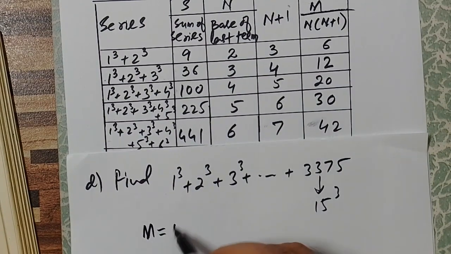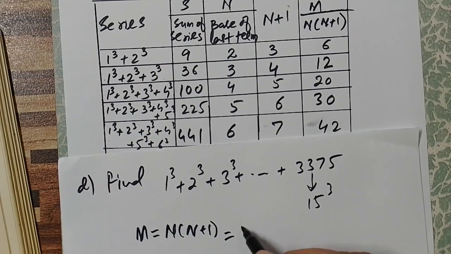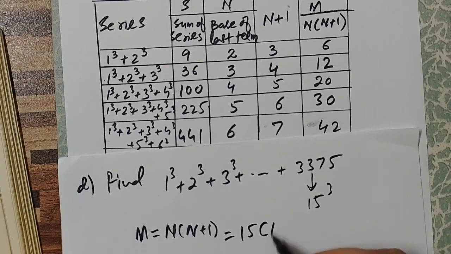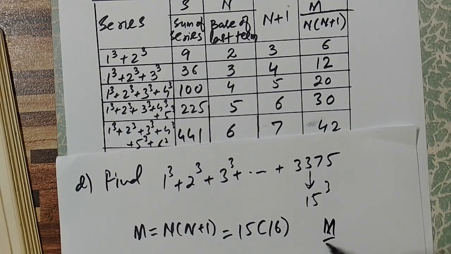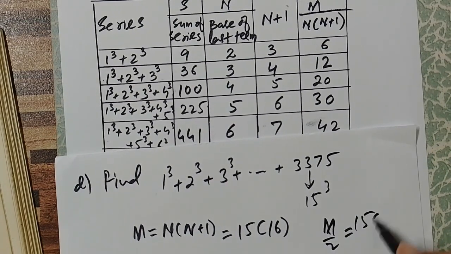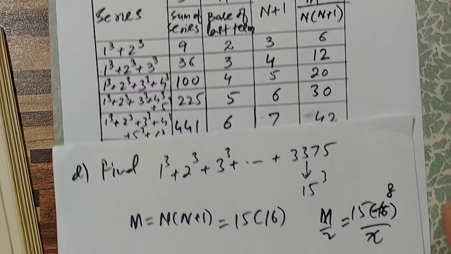M is equal to n into n plus 1, and that gives 15 into 15 plus 1, that is 16. And now to get the value of m by 2, that is 15 into 16 divided by 2. 2 times 8 is 16.